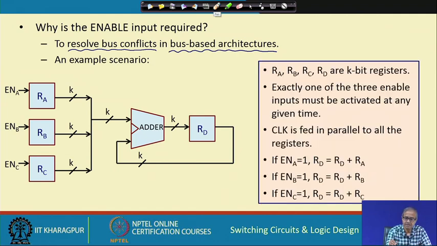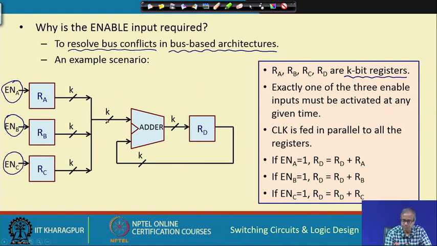Here RA, RB, RC and RD are all k bit registers. They are storing k bit numbers, k can be anything, 8, 16, 32, 64, anything. Now, you see these 3 registers A, B, C have separate enable inputs, enable A, enable B and enable C, and the outputs of these registers I am tying together.